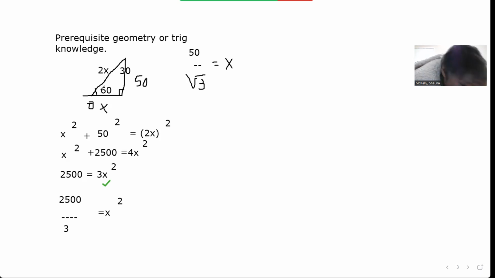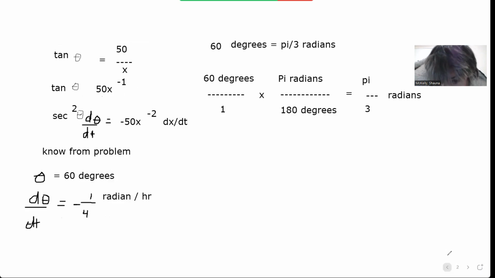That's our prerequisite knowledge. Now, if we go back to our equation here, remember I'm pulling from this equation: secant squared theta d theta dt is negative 50x to the negative 2 dx dt. So it's going to get larger, okay? So what do I have to do?